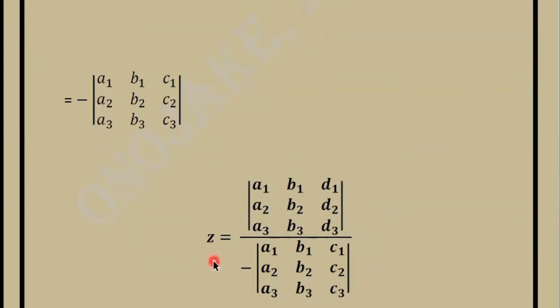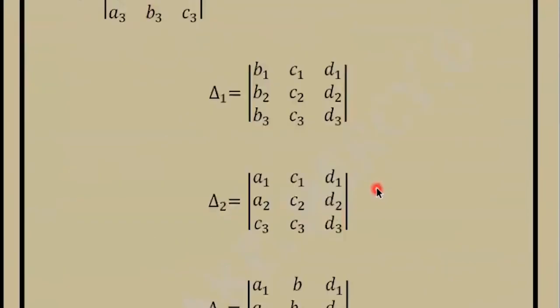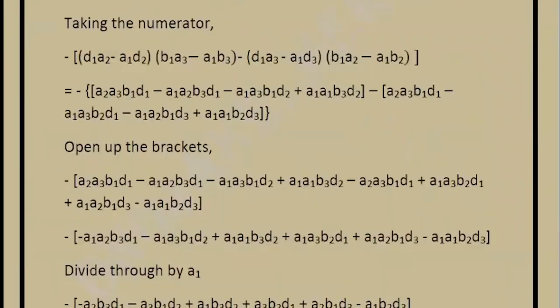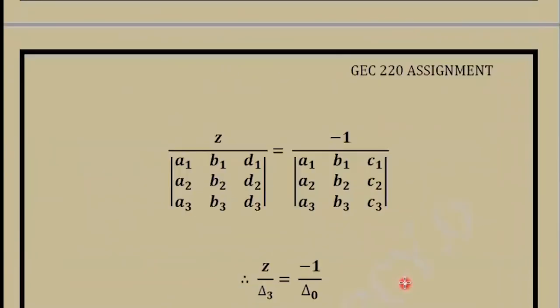So bringing them together, this is the value of z. But that's not all. They told us that z is going to be in this format. So we still have to work on it further before we say we are true.